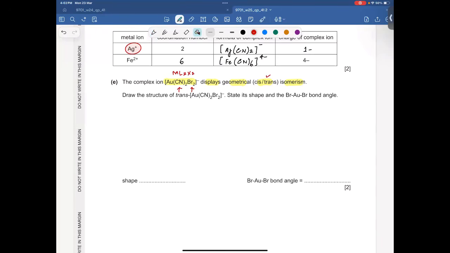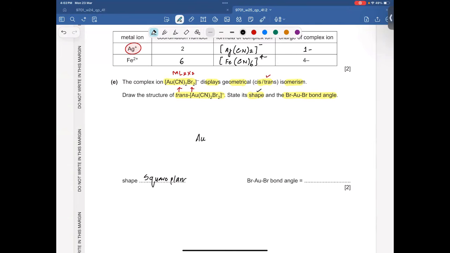Draw the structure of trans, state the shape, and the Br-Au-Br bond angle. Okay, trans. So it's basically gold, Au. The shape is going to be square planar.